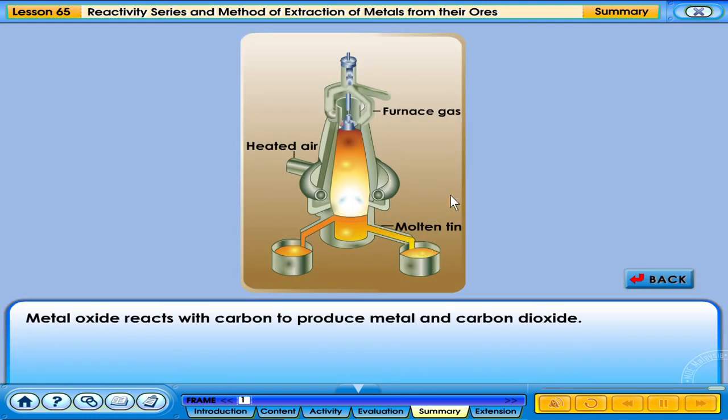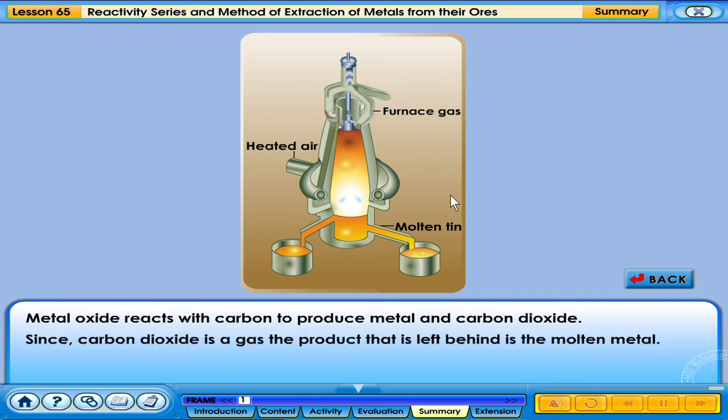Metal oxide reacts with carbon to produce metal and carbon dioxide. Since carbon dioxide is a gas, the product that is left behind is the molten metal.